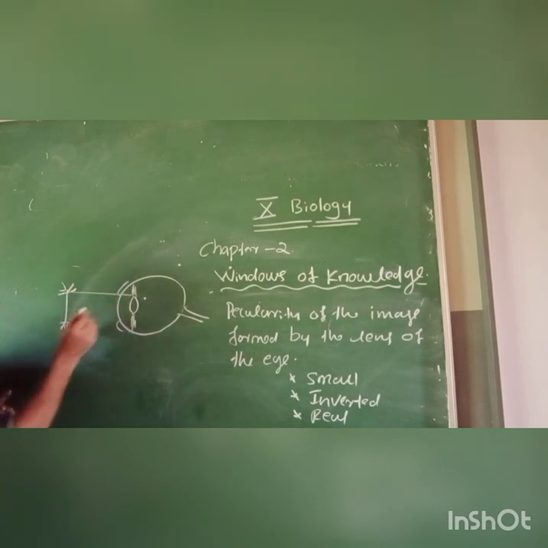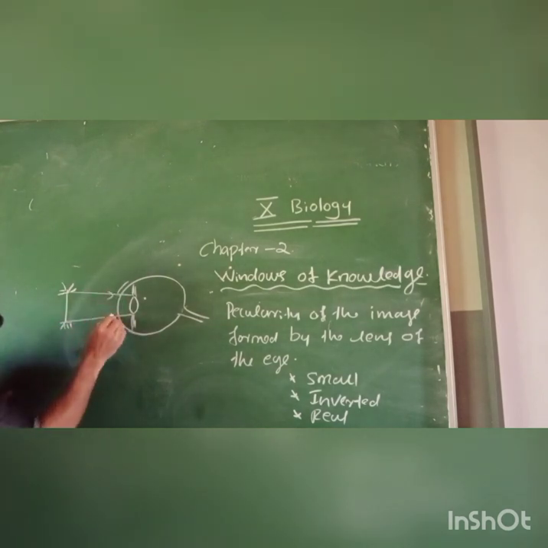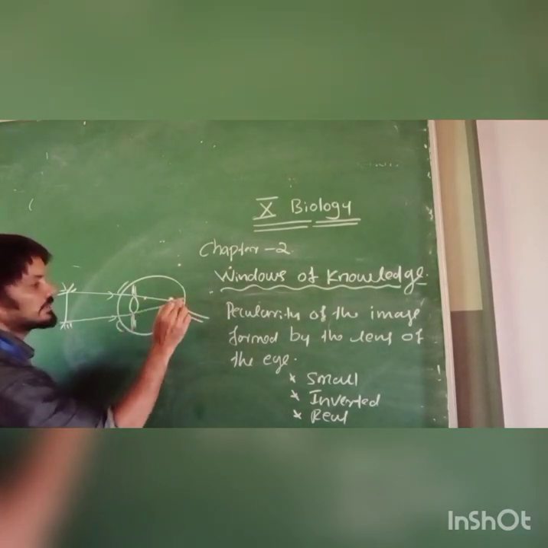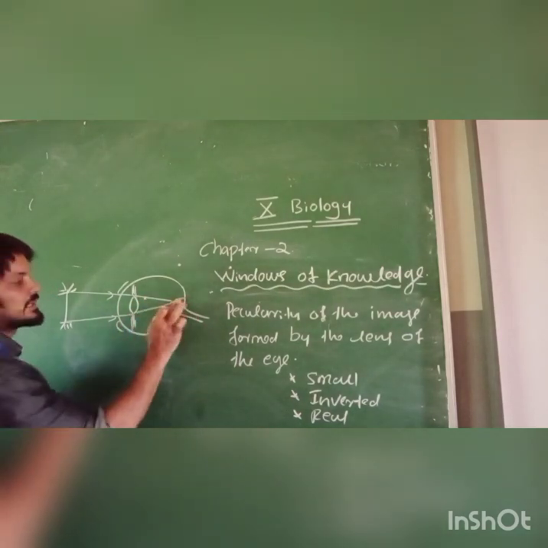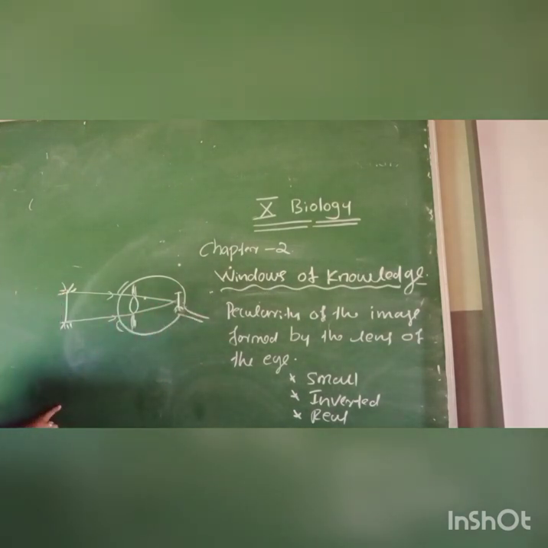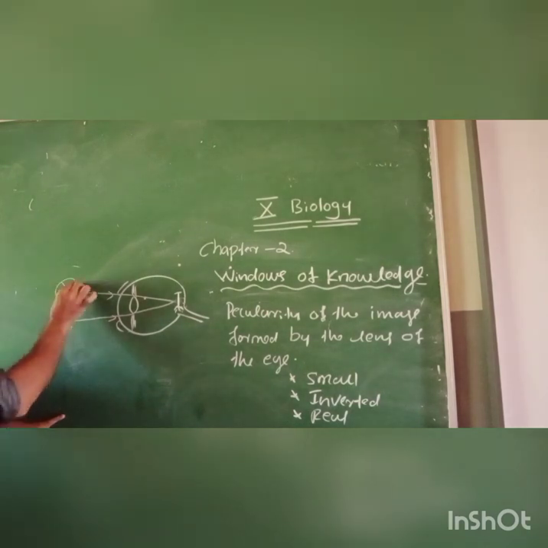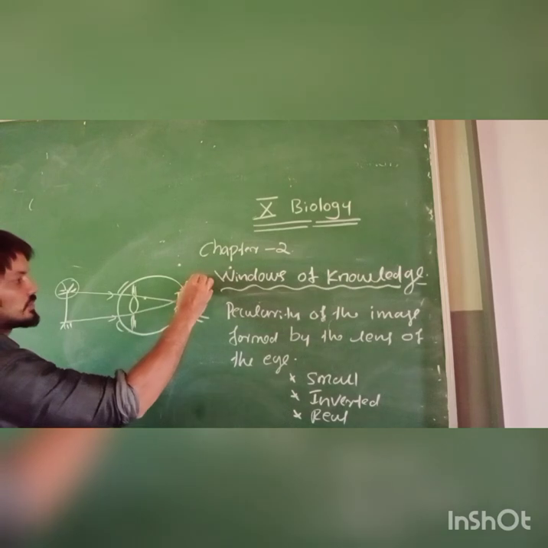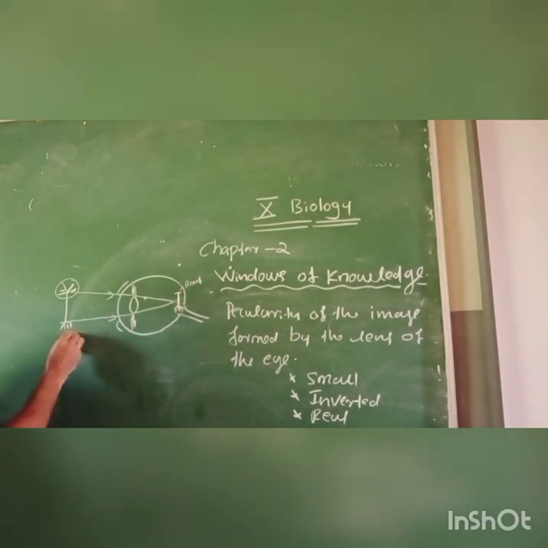Light falls into the lens and enters the retina here and an image forms. Here the image becomes inverted. Inverted means upside down, opposite. This is the branch here, and this is the root.